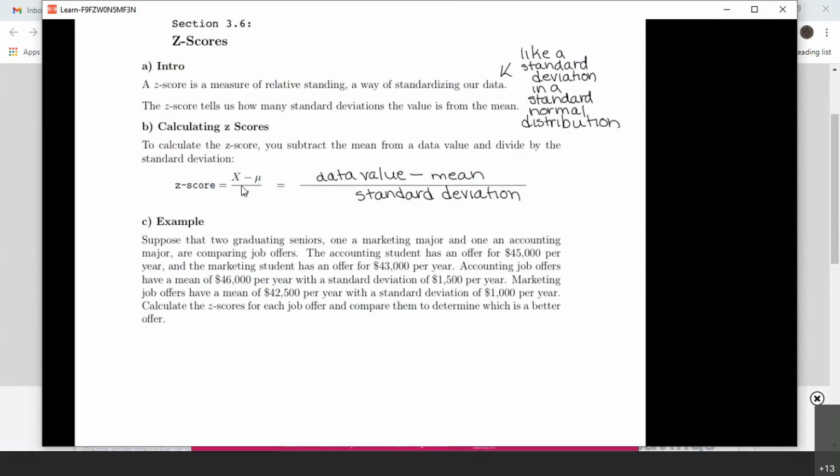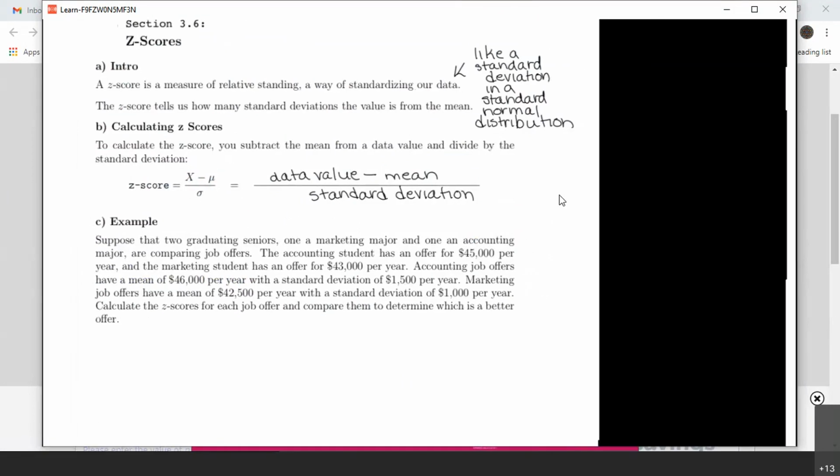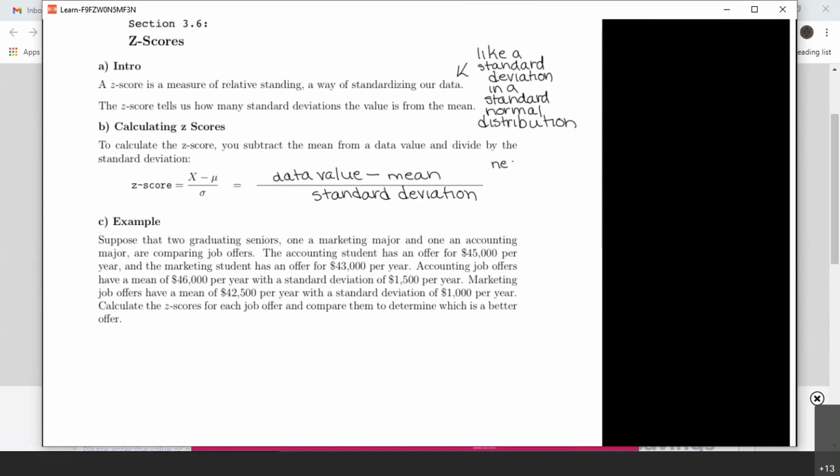For data values higher than the mean, you want a positive z-score. So negative z-scores are below the mean, and positive z-scores are above the mean. Don't mess with the order in that subtraction. It's important to leave it that way.